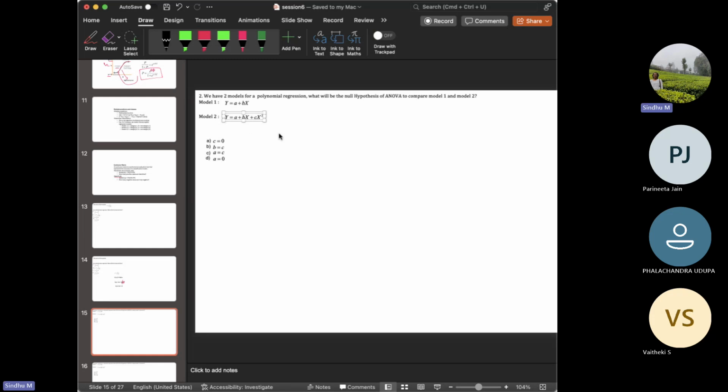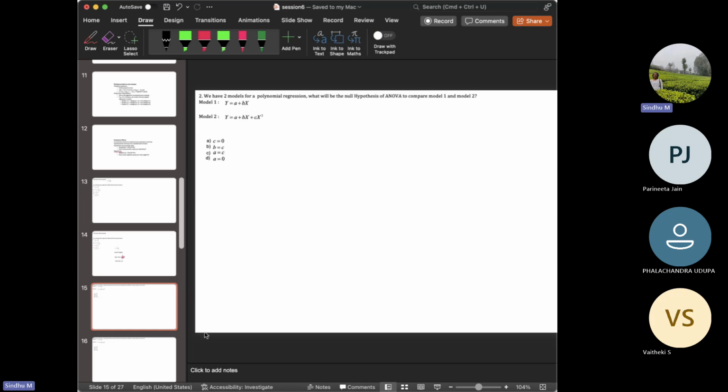If you notice here, if you set c equal to 0, then model 1 and model 2 will be the same. So when we are comparing two different models, that will be our starting null hypothesis, that model 1 and model 2 are same, or there is no difference between them. So the correct answer is option A, c equal to 0.